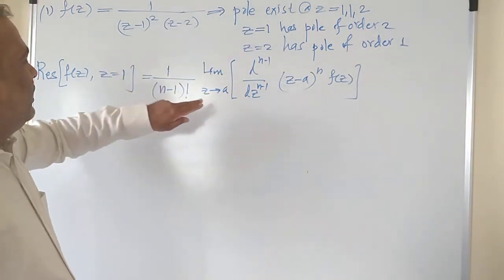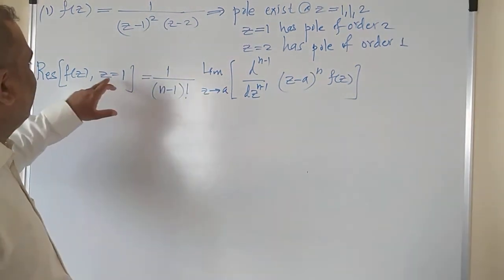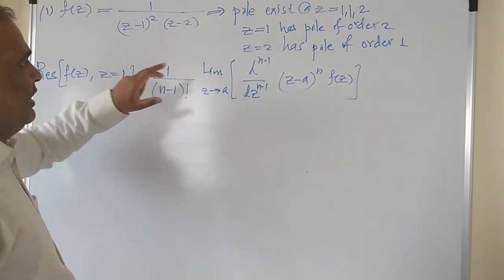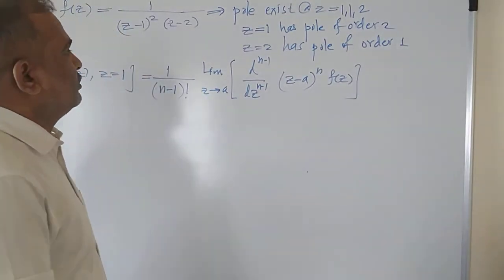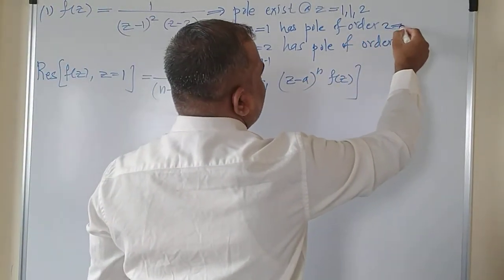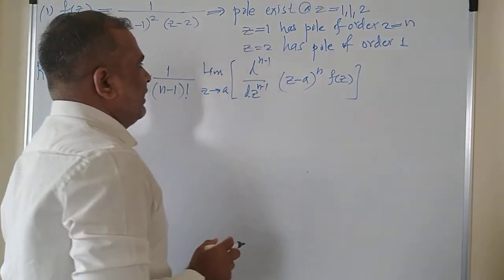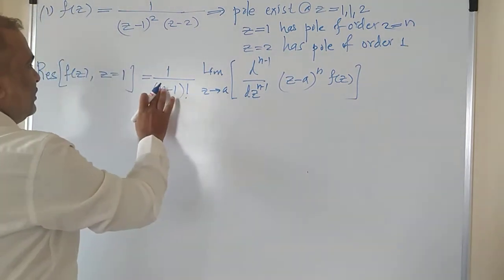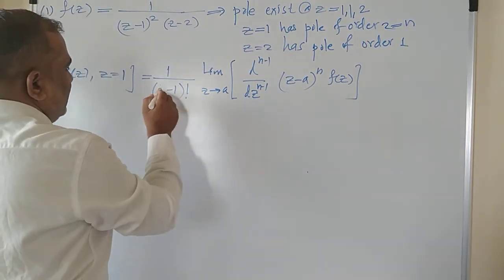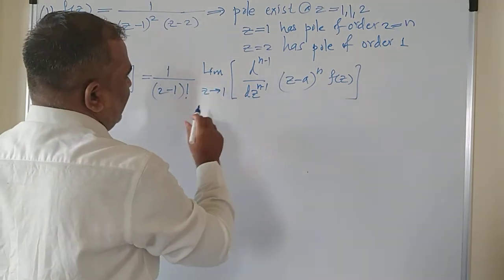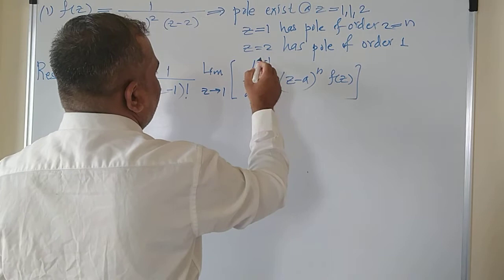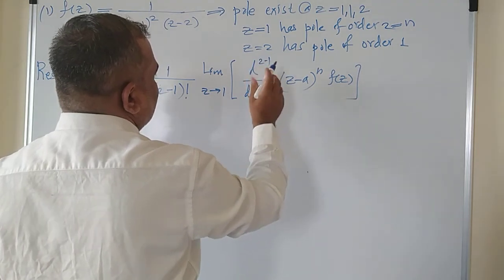This is your formula for pole of order n, right? So what is the value of n? You are calculating the residue at z is equals to 1. So z is equal to 1 has pole of order 2, right? So 2 is the value of n. Here z is equals to a is equals to 1, and n is equals to 2.